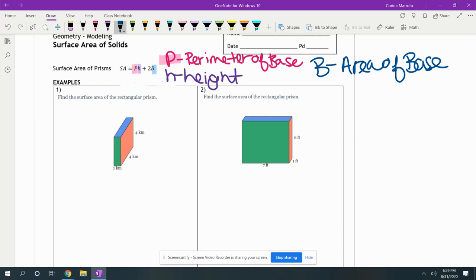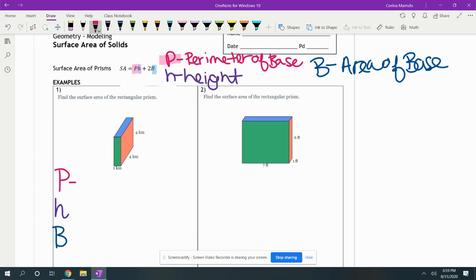So if we look at the first example here, our base is actually in blue. To find the perimeter of the base, we're going to have to add up all the sides. First we have to find P, then H, and then B, and then we can plug it into our formula.